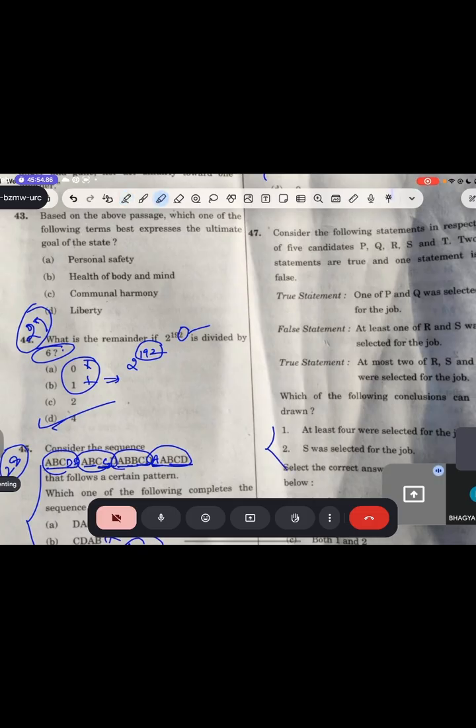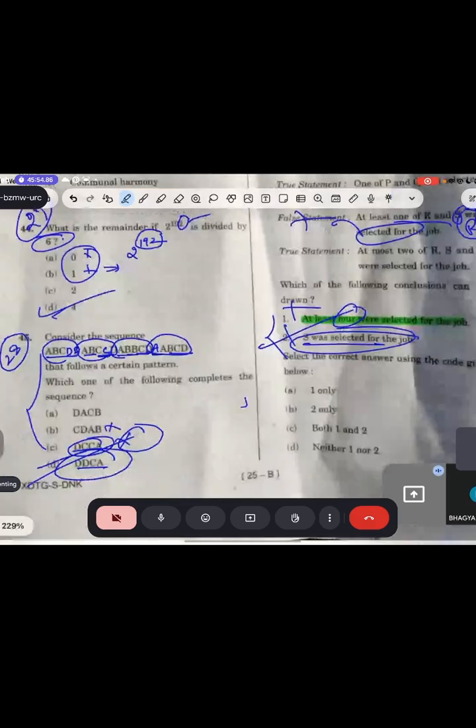First conclusion is at least 4 were selected for the job. R and S was selected for the job is false. It means R and S both were not selected. And how many do we have total? 5. So 5 out of 5, 2 are already not selected. So who is left? 3. The question is saying 4. First is wrong. Second, yes, was selected for the job. But here, that is false, so this is also false. The answer will be none.